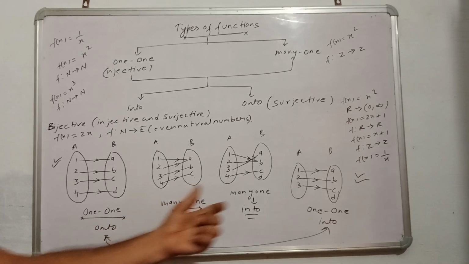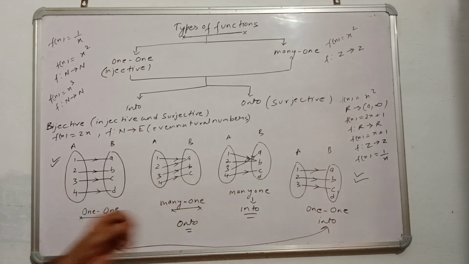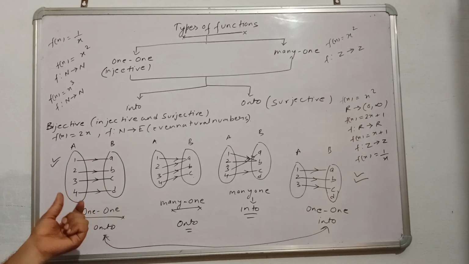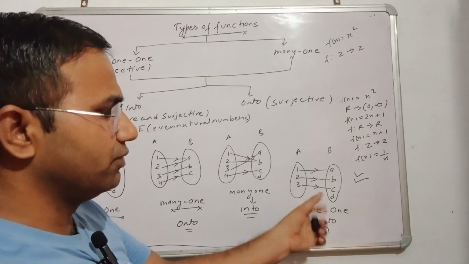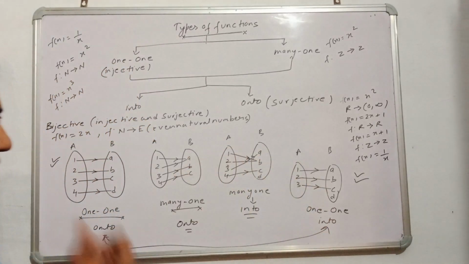Both are one-one functions. But what is the difference between them? In this, no element is left to be mapped, that's why it is called a one-one onto function. In this, one element is left to be mapped, that's why it is called an into function.